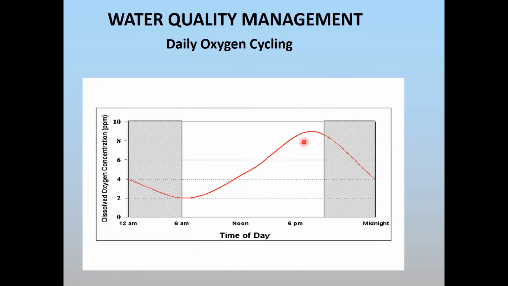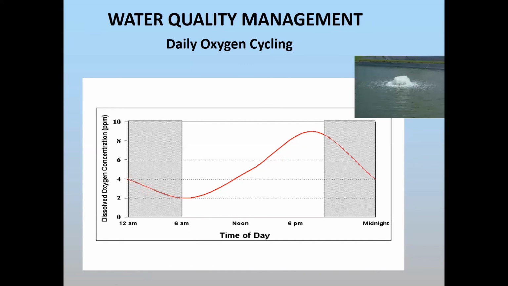So the highest oxygen levels tend to be in the afternoon, early evening hours, and the lowest is generally early in the morning. You can modify that cycle, in the degree of this curve here, by adding aeration, for example.